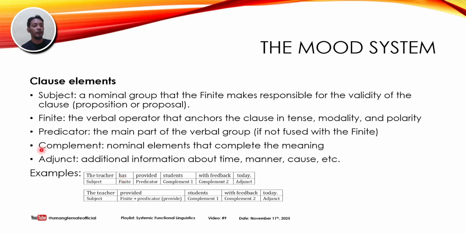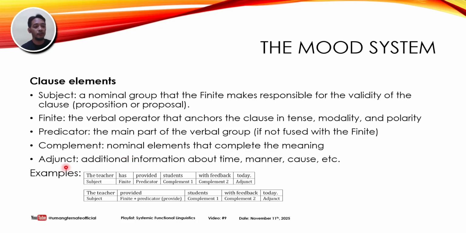And then the complement. Complement is the nominal element or nominal group in the clause that completes the meaning. And complement can become subject when the clause is restructured, for example, from an active clause into a passive clause.